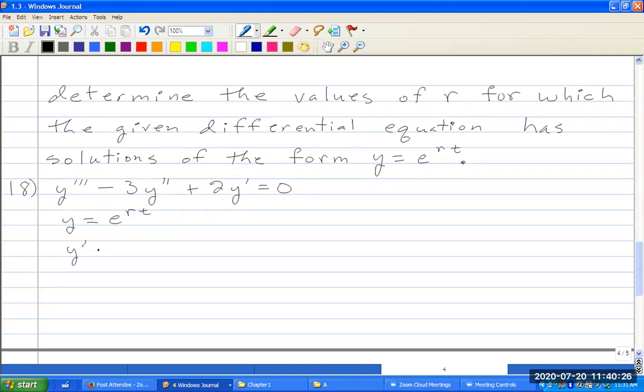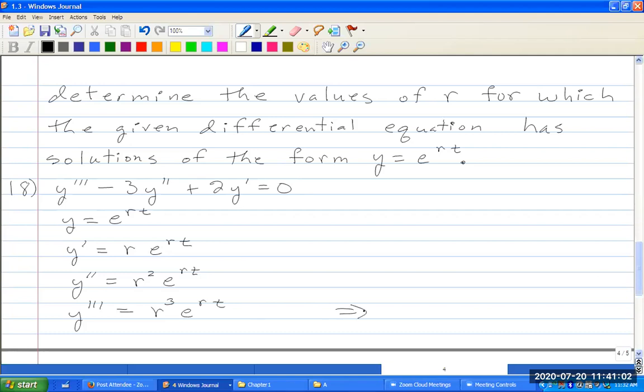Then y prime equals r e^(rt). The second derivative y double prime is the derivative of that against another r, since r is constant, so r squared e^(rt). The third derivative brings down another r, so it's r cubed e^(rt).